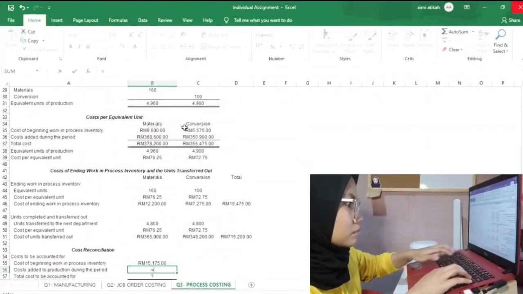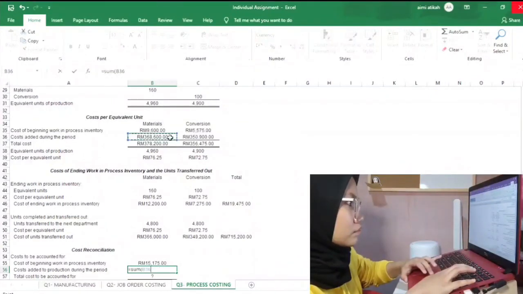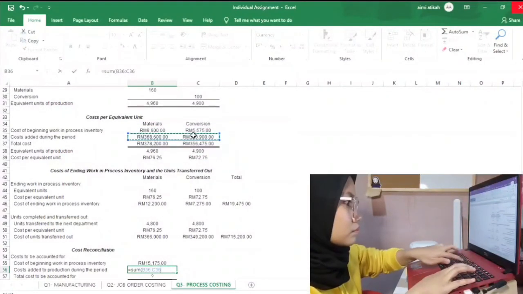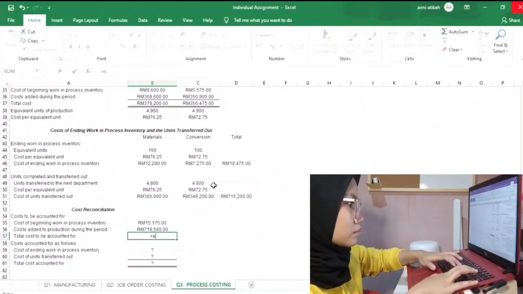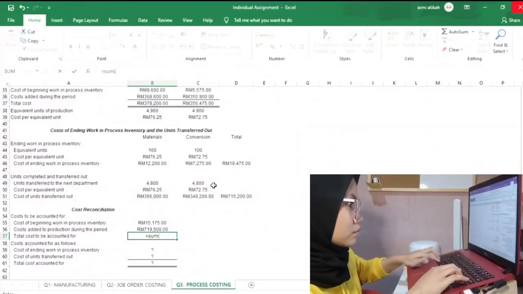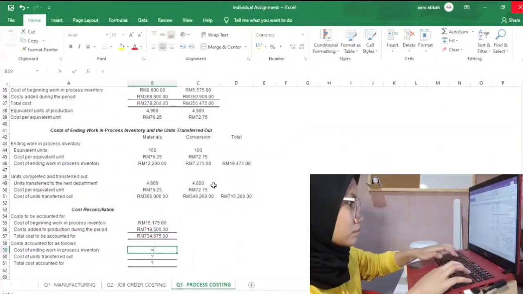And for cost added to production during the period, I will sum materials and conversion together, and for total cost to be accounted for, I will sum the total cost of beginning work and cost added to production during the period.